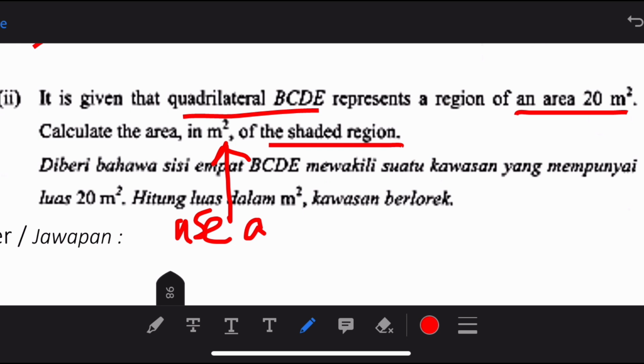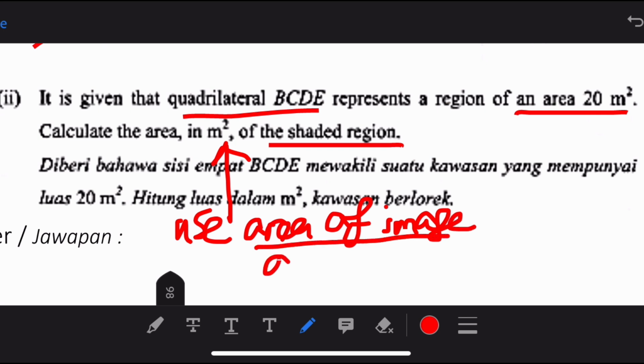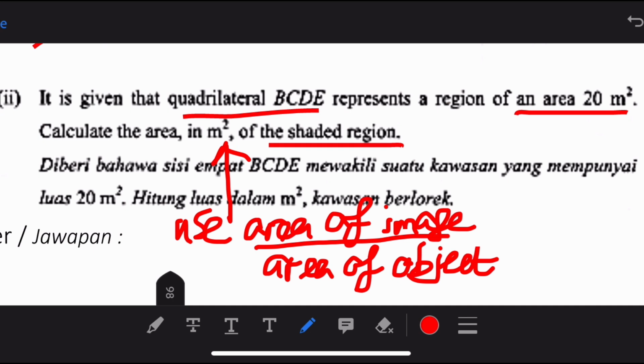But if you want to find the area, you have to write area of image compared with area of object: area of image over area of object is equal to k square, where k is the scale factor. So you can always say I over O equals k square.